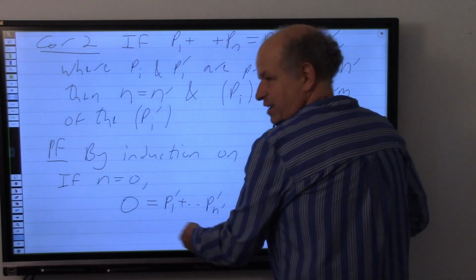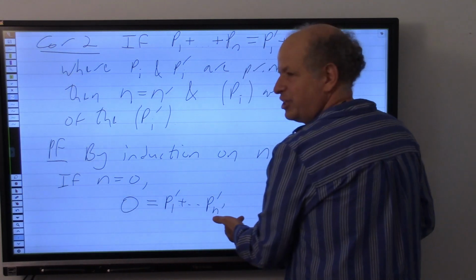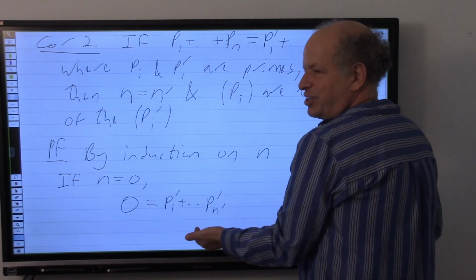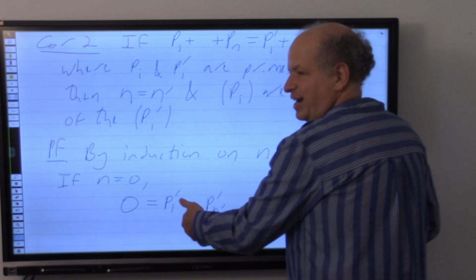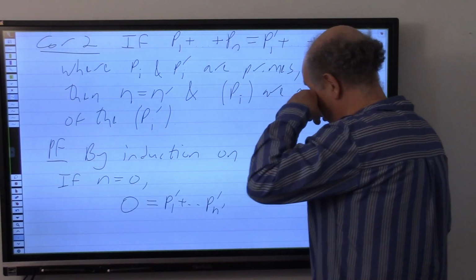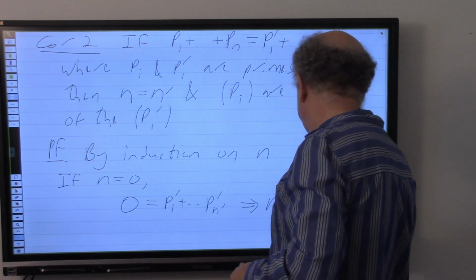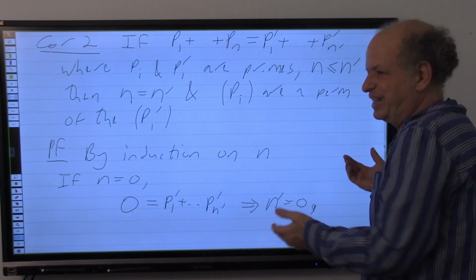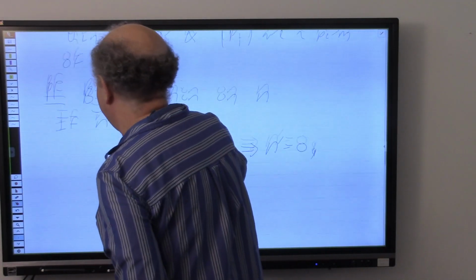But for genus reasons, the genus here is 0. This is the sum of the genera. All the genera must be equal, and so must be 0. And the only way is if all of these are the unknots. But if they are the unknots, they're not prime. So it follows that n prime is equal to 0. And that's it, there's nothing else to show. The two sides are both the trivial sides.